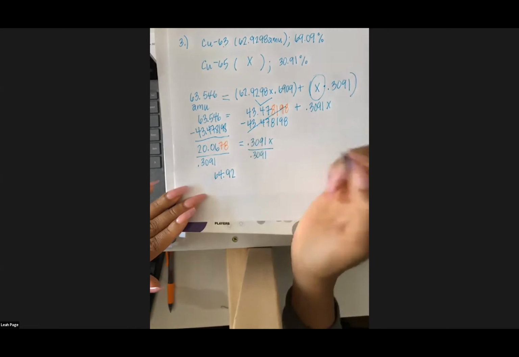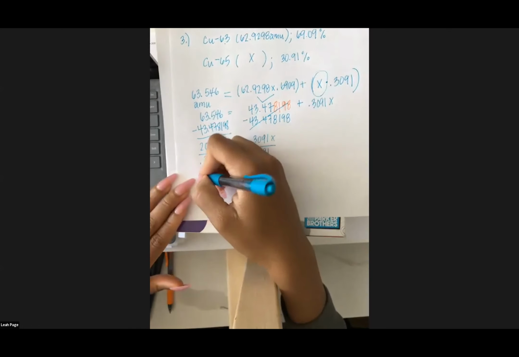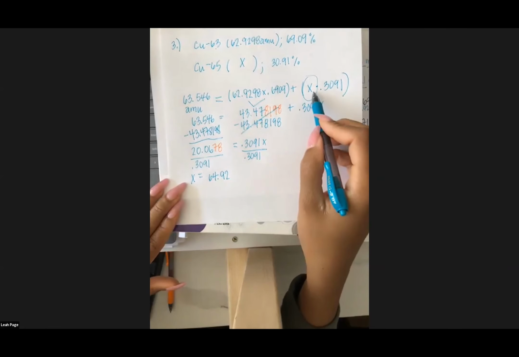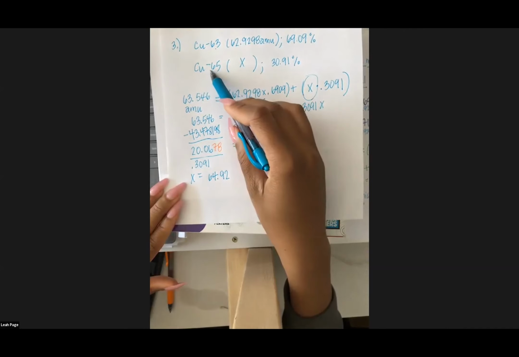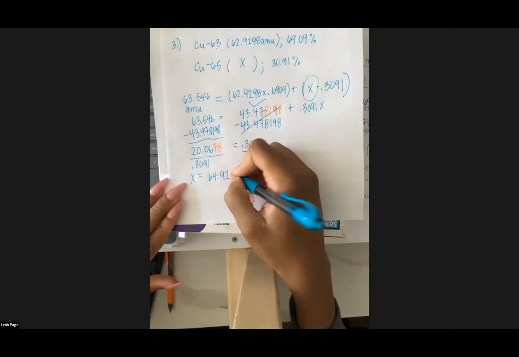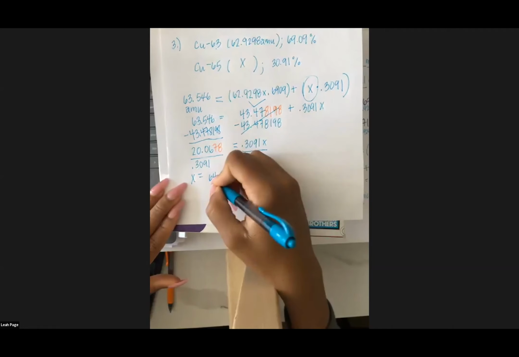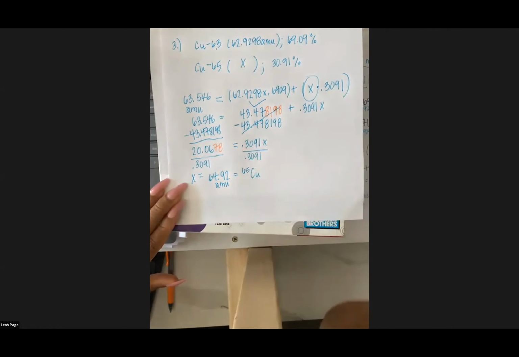Did you guys get that? Yep. Okay, so x equals 64.92. And remember, all x was the mass of copper 65. So this equals the mass of copper 65. It should be in AMU.